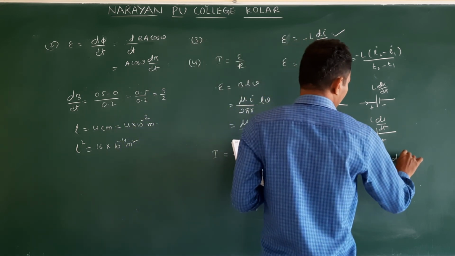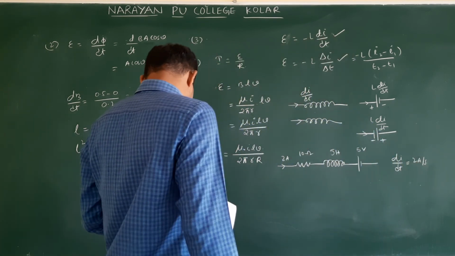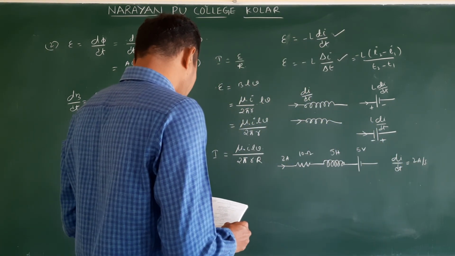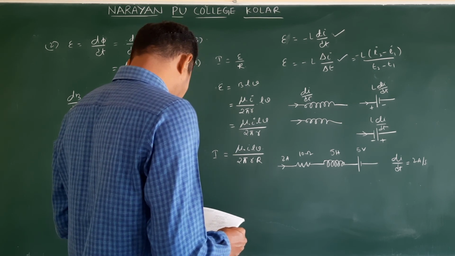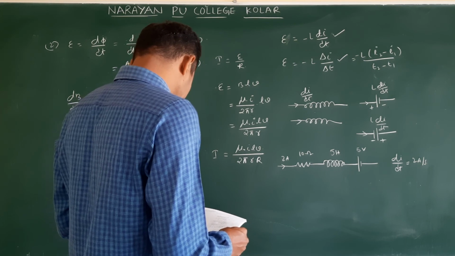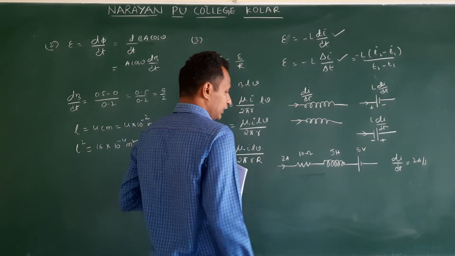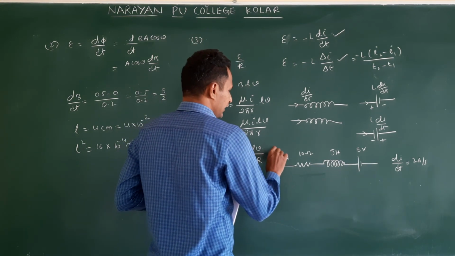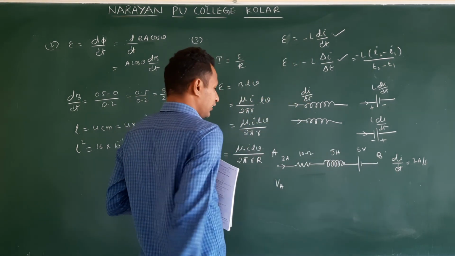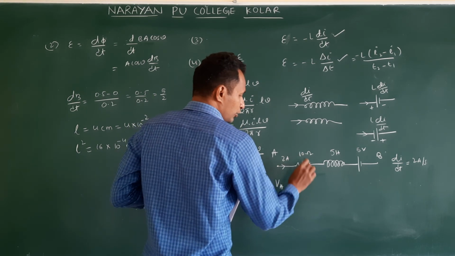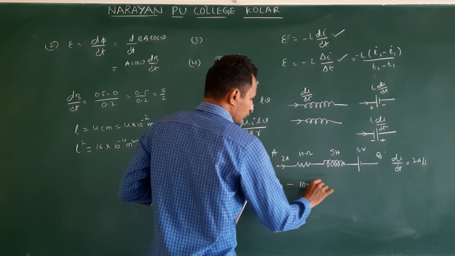Di by dt is given as 2 ampere per second. What did I ask? Now, the current is increasing. Then how do you write the potential here? Let us say this is A, this is B. Now VA, write down 10 into 2, 20.